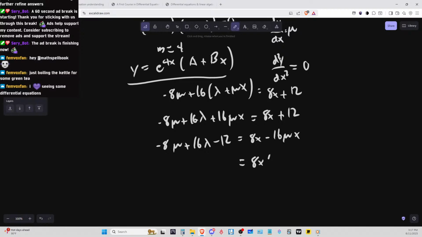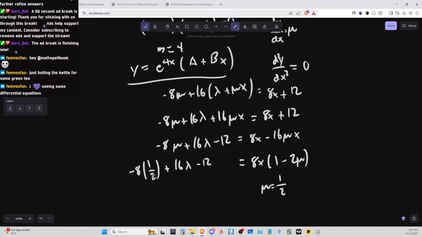So we'll take 8x, so 1 minus 2 mu. Oh, I don't like the way that mu looked. Mu. And if that was equal to 0, then we would have mu equaling a half. Now, if that is equal to a half, then plus 16 lambda minus 12, that will also be equal to 0.